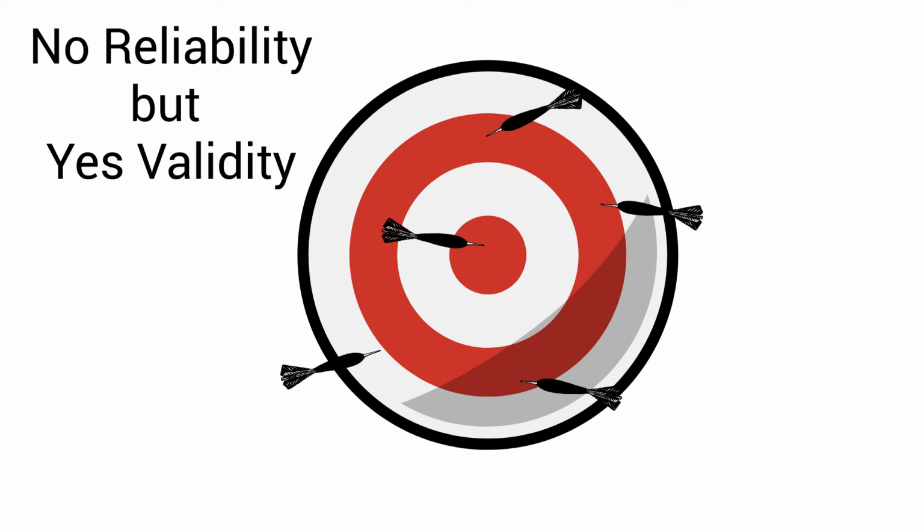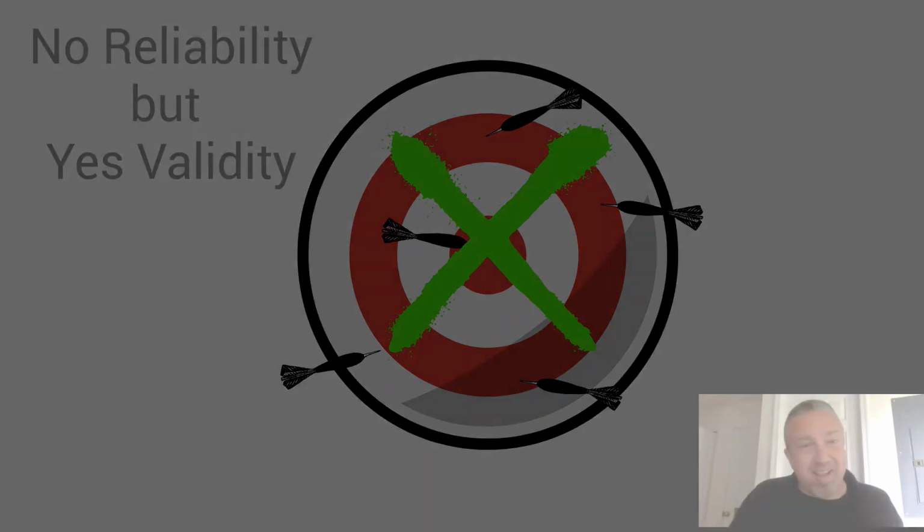Chart number 4, we have unreliable scores, but they're valid. And this is where we start to run into problems. Many people interpret this chart as unreliable, but valid. And this interpretation is simply incorrect. In fact, this interpretation is so strange to me that it's hard for me to even know what to say about it.